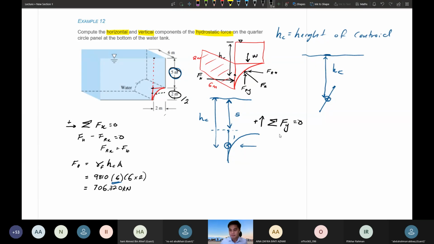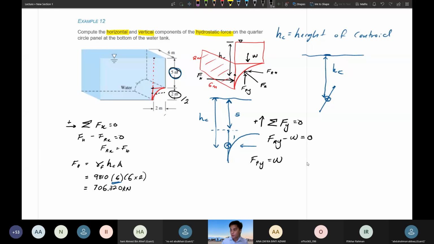Please start with the positive first. FRY minus weight equal to 0. So FRY equals weight.